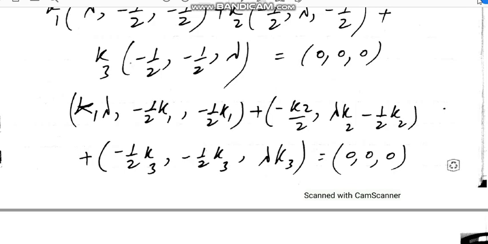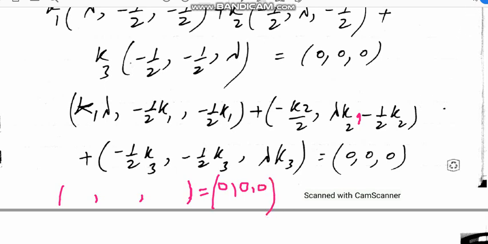Then that will be a single triplet, separated by commas, and it will be equal to the right-hand side, the 0 vector, written in the form of 3 components equal to 0.